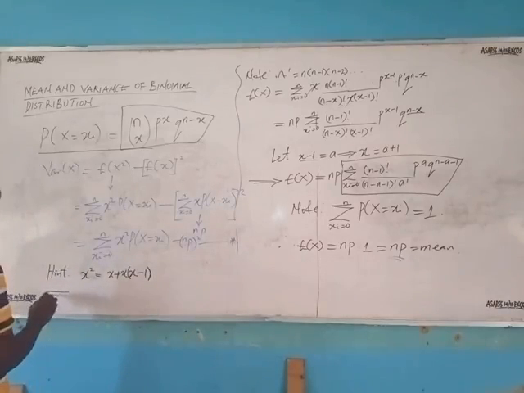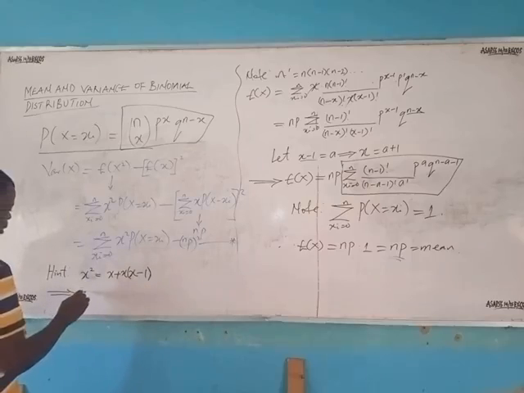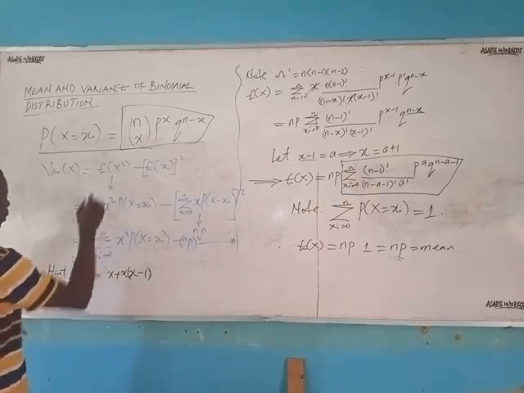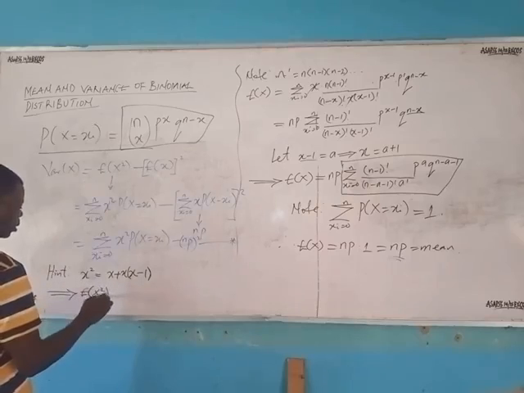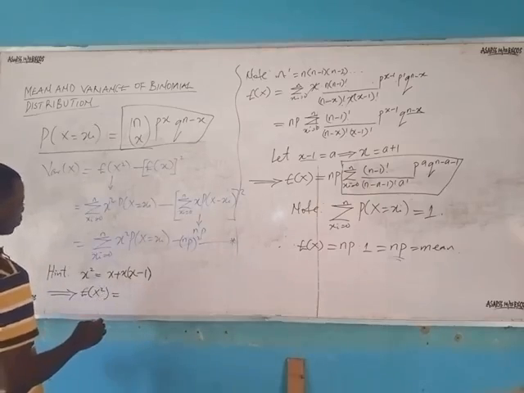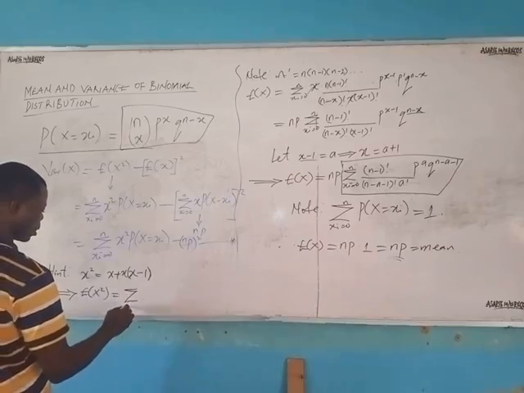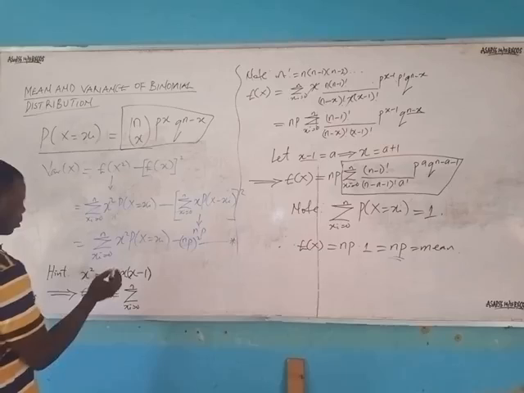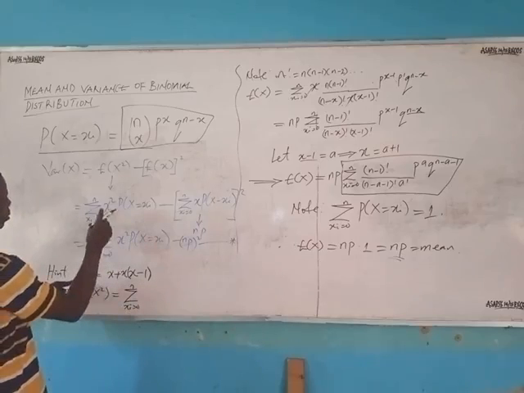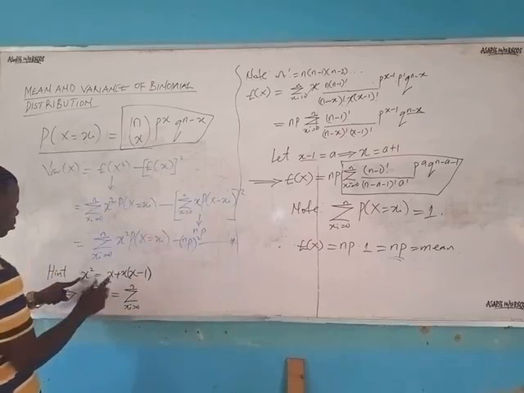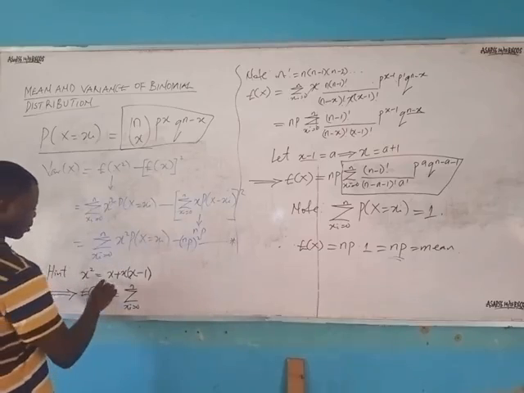We can now have our expected value of this, which is x squared, as summation xi from 0 to n. So instead of writing x squared now, we are replacing it by this value.